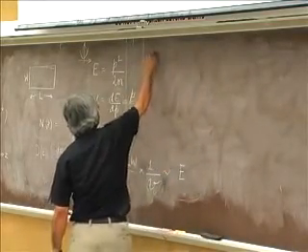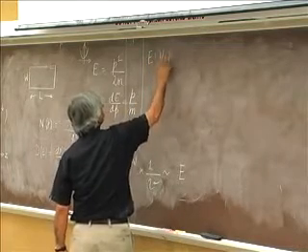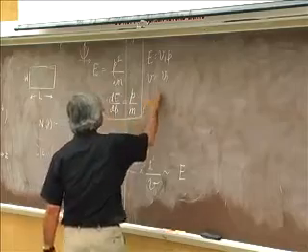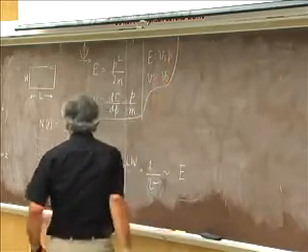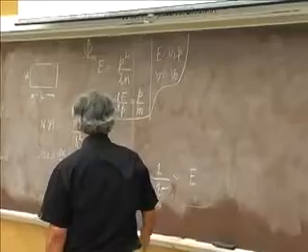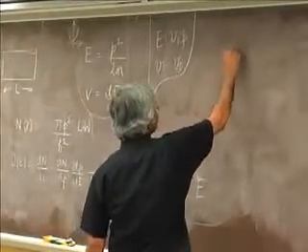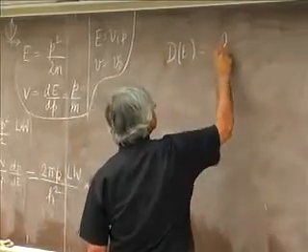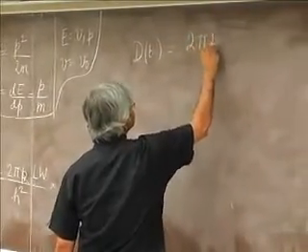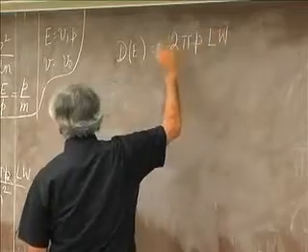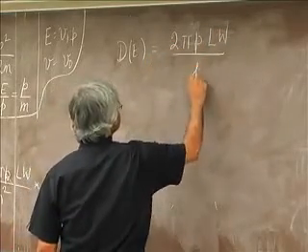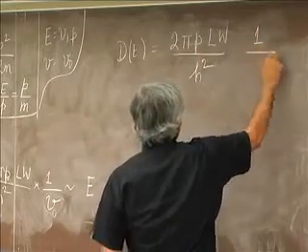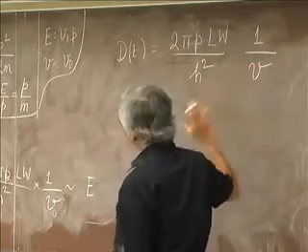Oh, so I guess I erased that. So we had this expression for density of states. Times 1 over v, that's d.